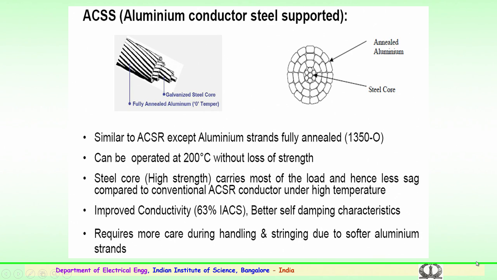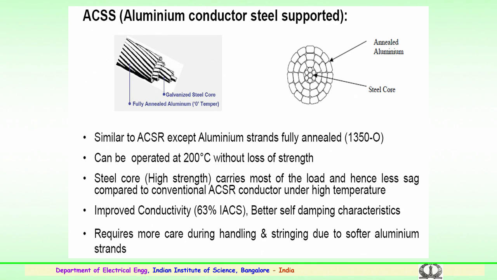The second type of HTLS conductor is the aluminum conductor steel supported. So, this is the typical structure of the annealed aluminum conductors which are seen, with the central steel core. Here it is a galvanized steel core with fully annealed aluminum conductors. Depending upon the voltage or current level, the conductor size varies.